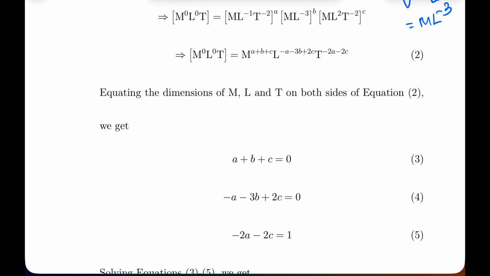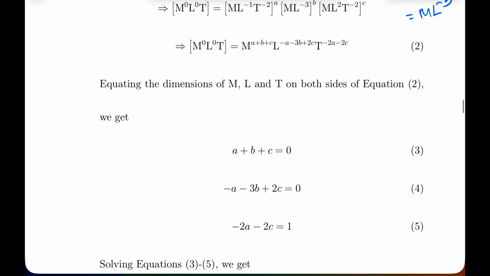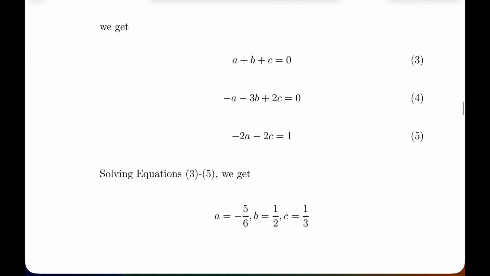So minus 2a minus 2c is equal to 1. If we solve equations 3, 4, and 5, we have 3 unknowns and 3 equations. You can find the values of a, b, c from here. When we solve them, we find a equal to minus 5 by 6, b is half, and c is 1 upon 3. Okay, this is how we solve them.